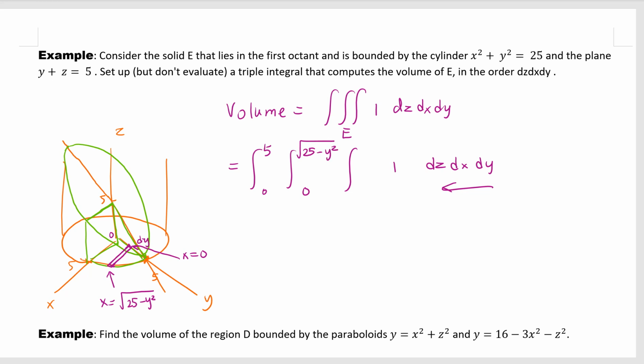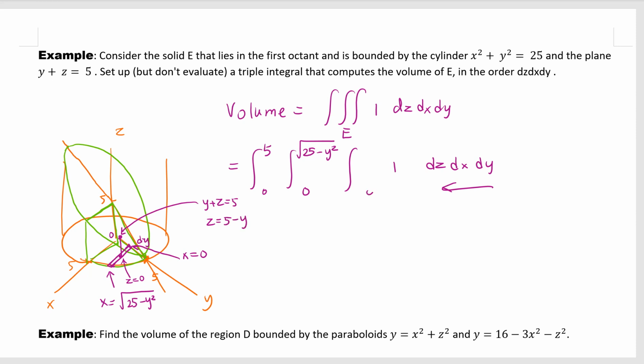But now how about the z? Pick any point on this rectangle and then go in the z direction until it touches the plane. You see? At the bottom, z equals 0. But at the top is the plane. The plane is y plus z equals 5, but we want to solve for z, so z is 5 minus y.